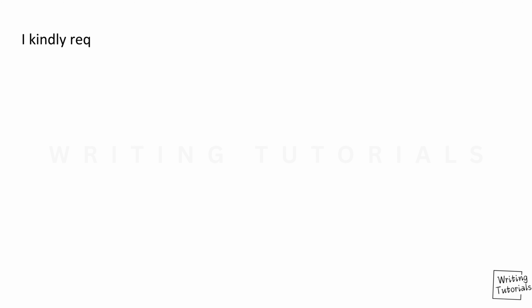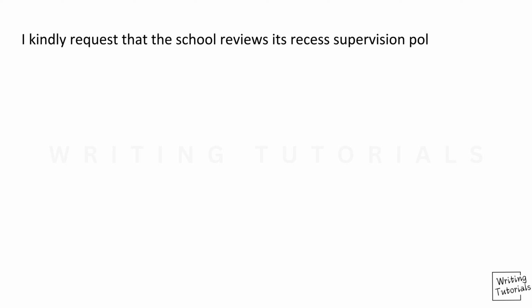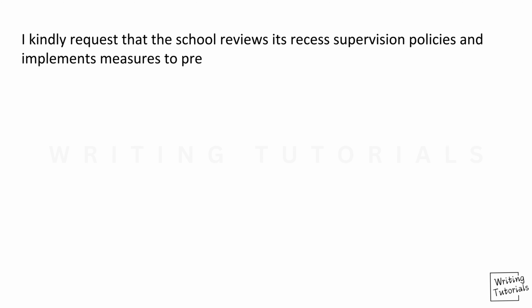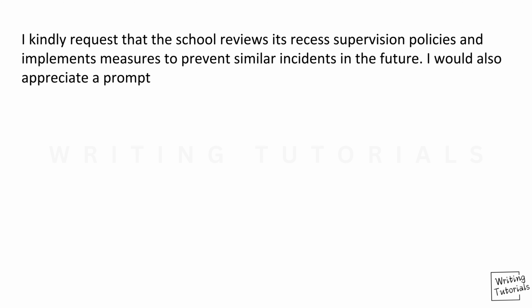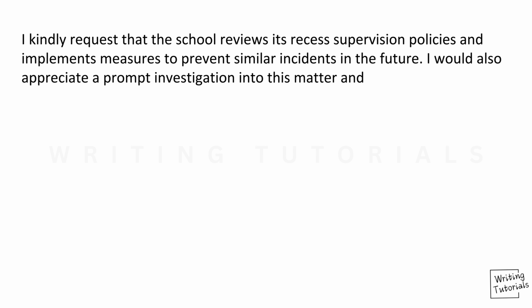Request action. Now, it's time to outline what you want the school to do about the issue. Be specific about your expectations, such as reviewing policies, conducting an investigation, or holding a follow-up meeting. Olivia writes, "I kindly request that the school reviews its recess supervision policies and implements measures to prevent similar incidents in the future.